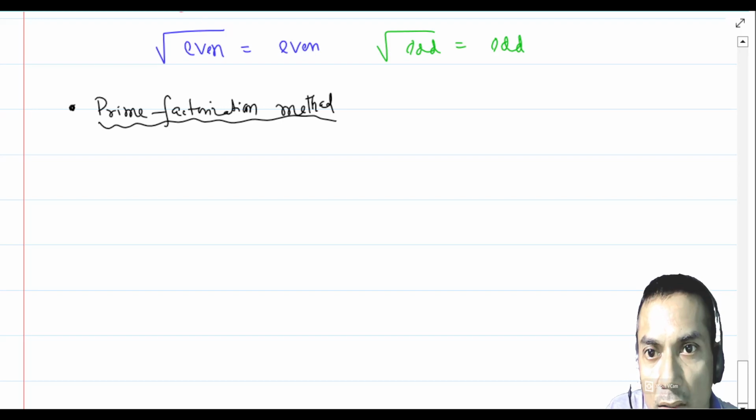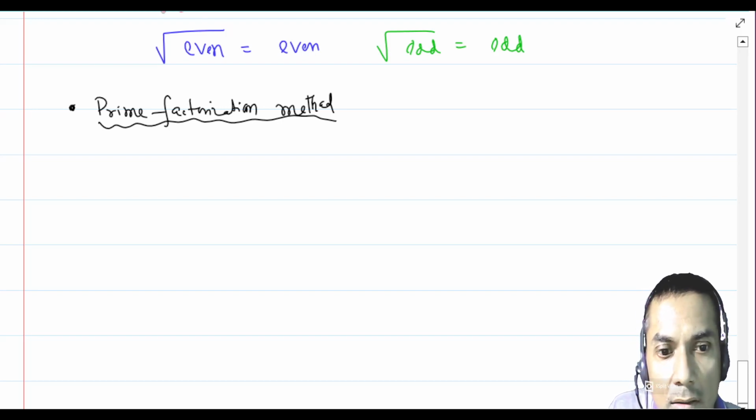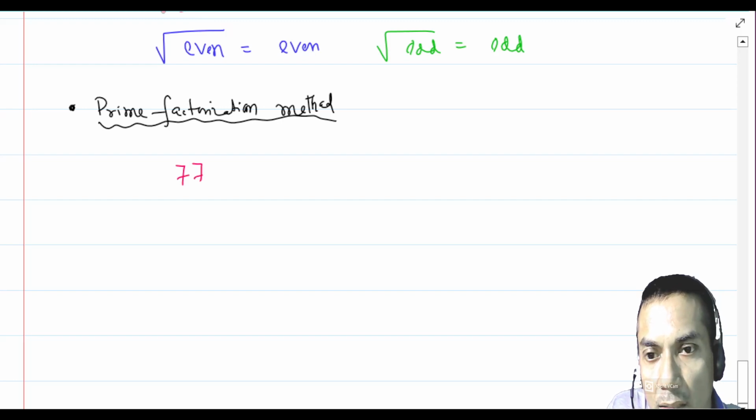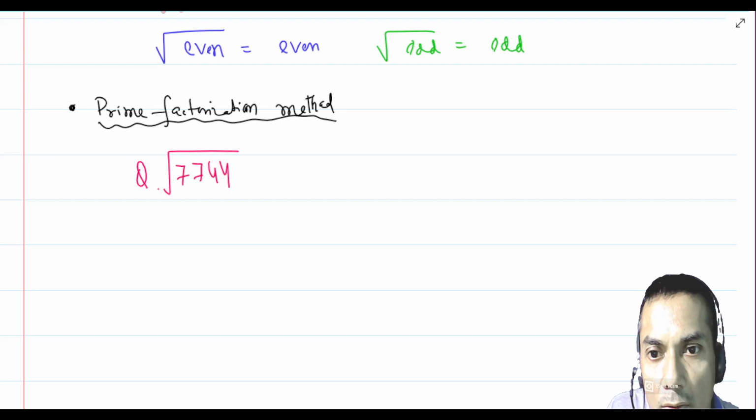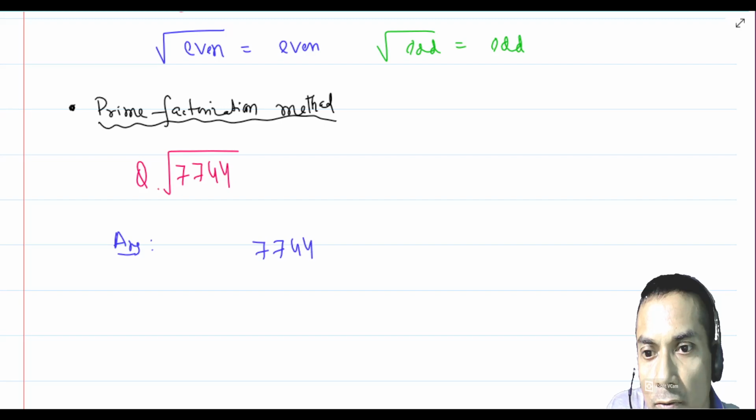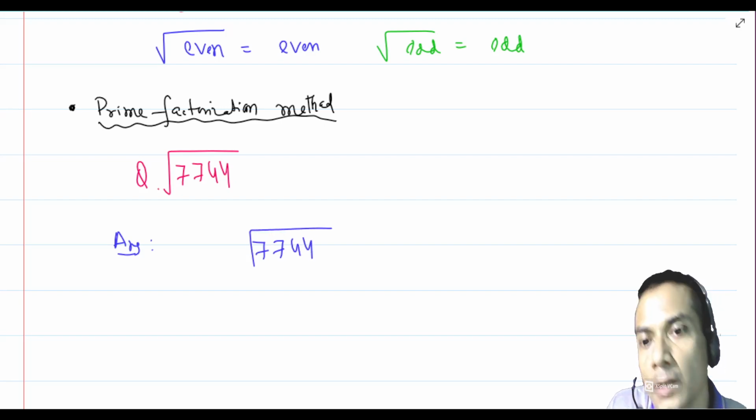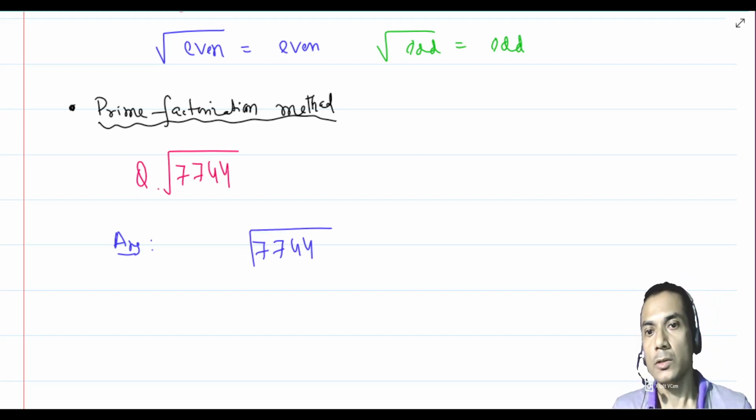For example, if I consider the number 7744, the question is given to find the square root. For the divisibility rules, you must follow my playlist.